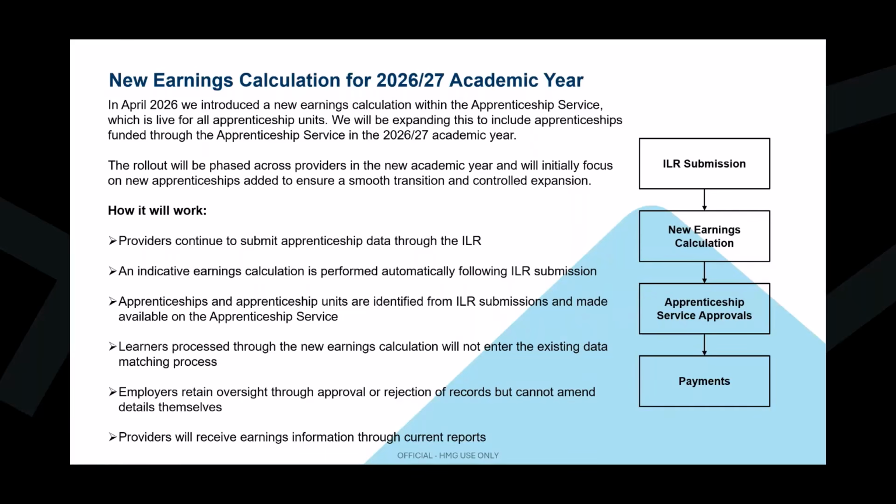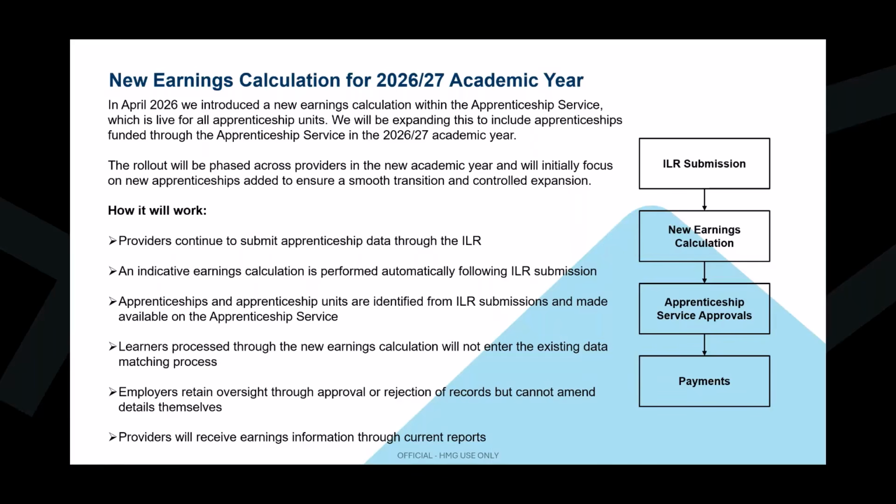So on the back of all the changes that Perdip and colleagues have mentioned, we were looking at introducing that new earnings calc, which will support all of that and make some of the transition even better. So how it will work: we are not changing how providers submit their learner data, and we're continuing to ask providers to submit their apprenticeship data through the ILR.